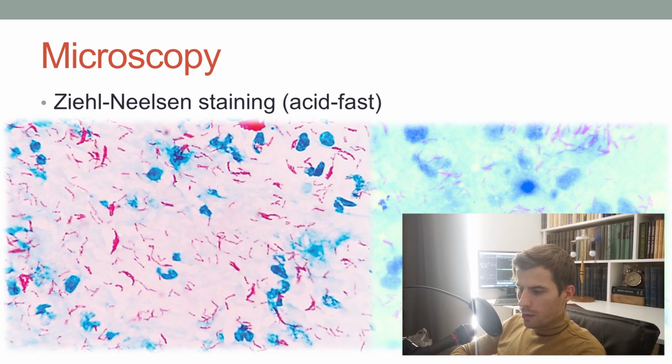On microscopy, you can find Mycobacterium by using the Ziehl-Neelsen staining or acid-fast staining.